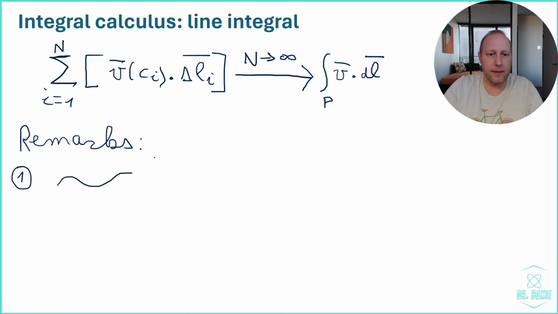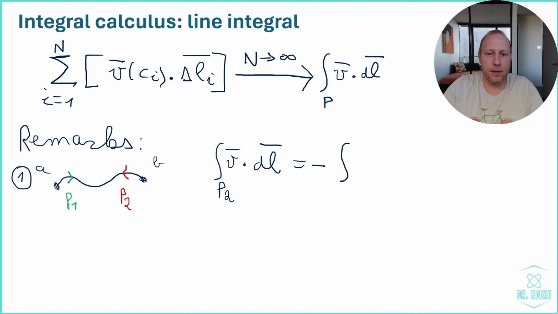So if we take this path, for instance, this is the point A and this is the point B, and if we consider the path going from A to B as the path P1 and the one going from B to A as the path P2, then the line integral over P2 of V dot dl, so going from B to A, is equal to minus the integral over P1 of V dot dl.